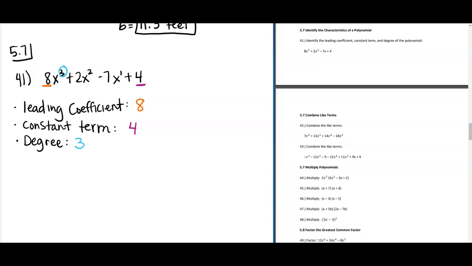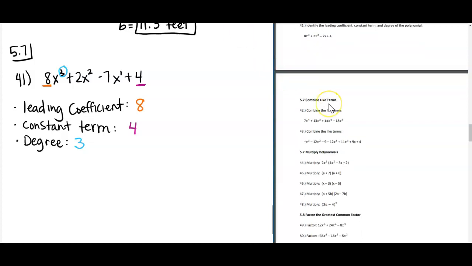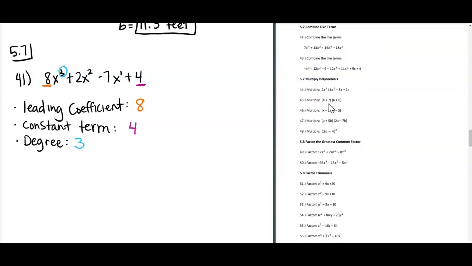Okay, so those are some different parts of polynomials that you should know and get familiar with, making sure you know what I mean when I say the leading term or the leading coefficient or any of the coefficients, and the constant term and the degree. All of those are words that you're going to hear a lot.